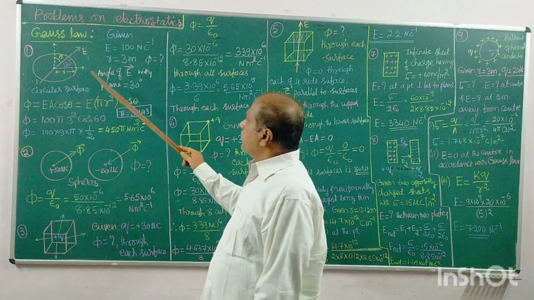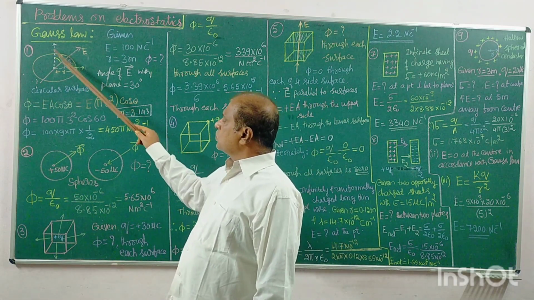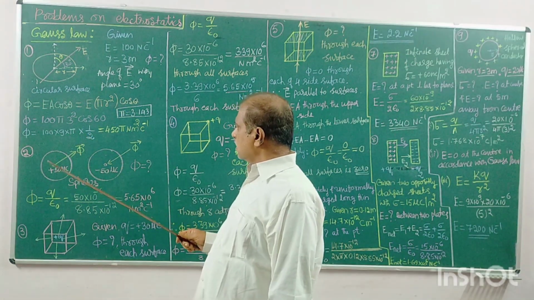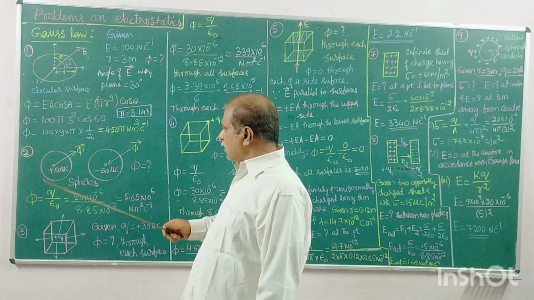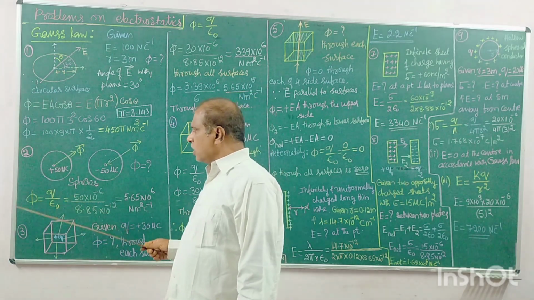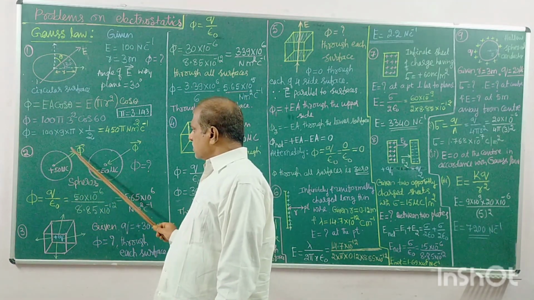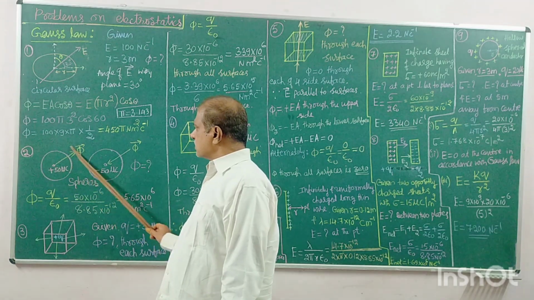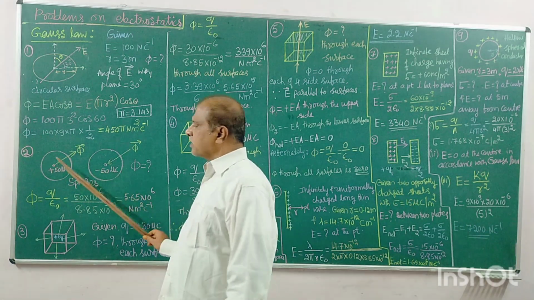That is electric flux through this geometry, a planar surface. And you see, the second problem is also a calculation of electric flux through a surface, but the surface geometry is different. It is a spherical surface.